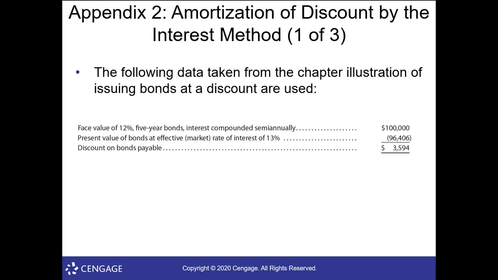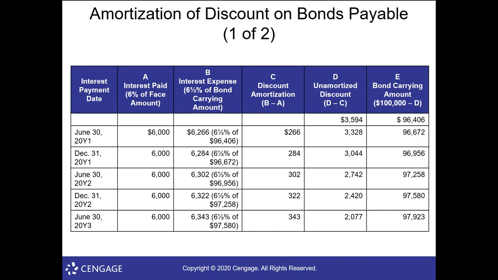Now, to amortize this, we're going to use a table. So here's our discount. Here's the carrying value of the bond, $96,406, as it was sold at a discount, because the market wanted 13%. You're only paying 12. So if you multiply that $96,406 times 6.5%, you get $6,266.